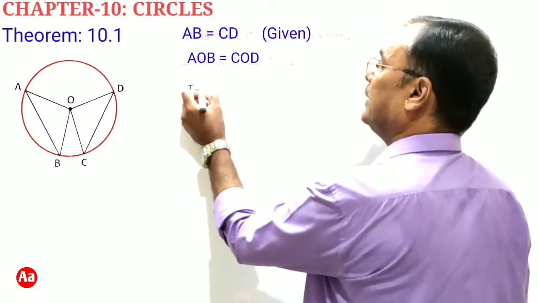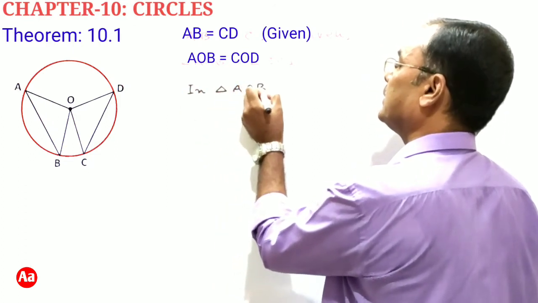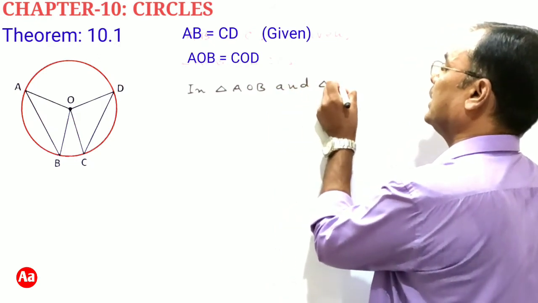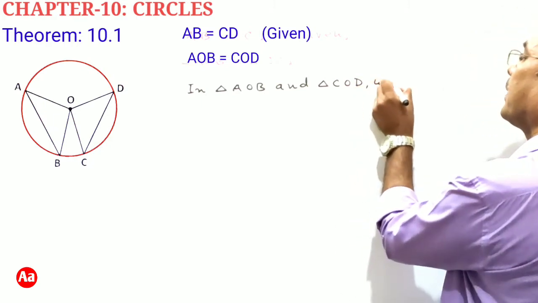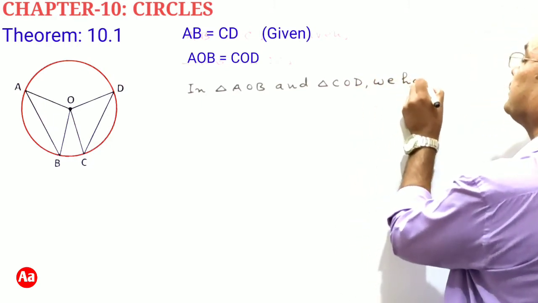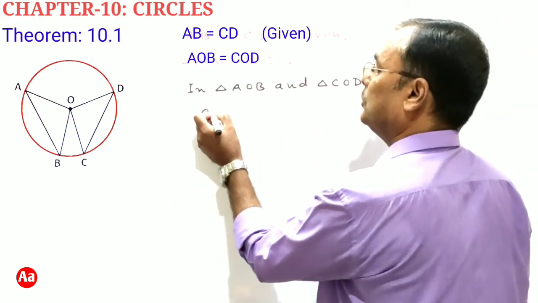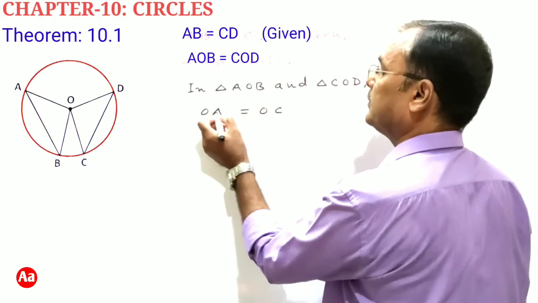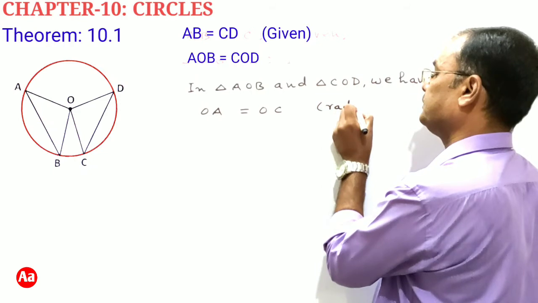So in triangle AOB and triangle COD, we have OA is equal to OC, radii of the same circle.